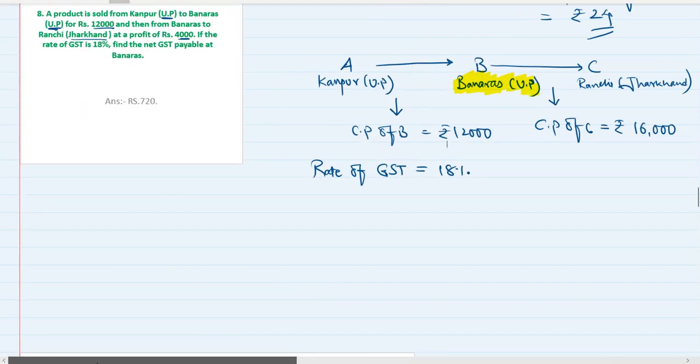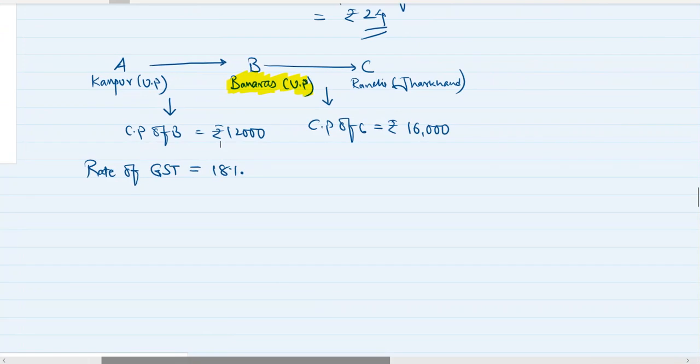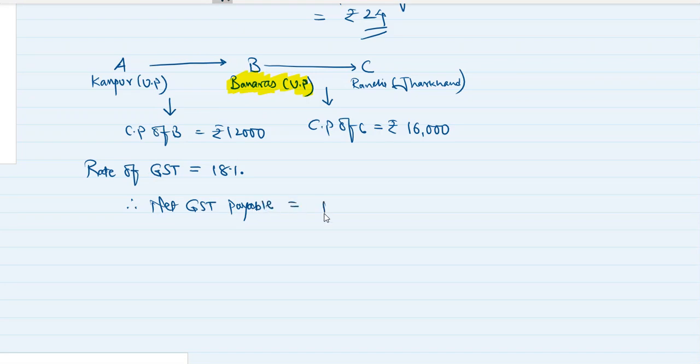What are they asking? Find the net GST payable. See, tax liability can also be called net GST payable. So I will now write it like this. Therefore, net GST payable is equal to tax collected minus tax paid. So remember that tax is being collected from C and tax is being paid to A, right?